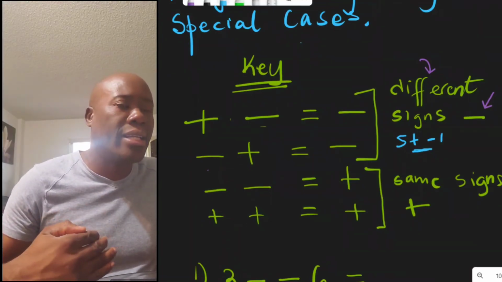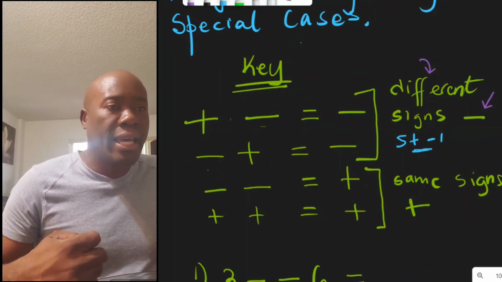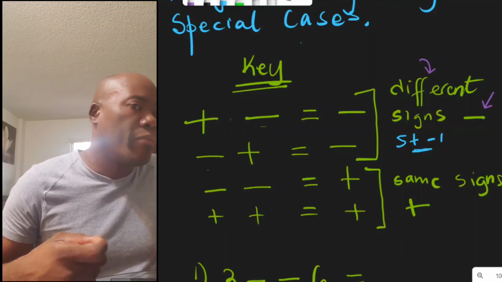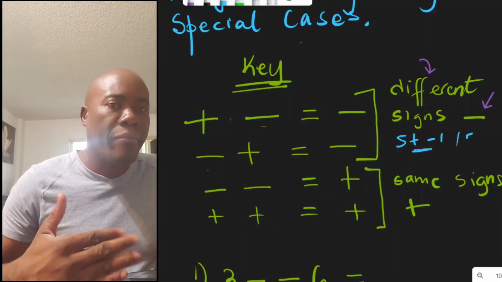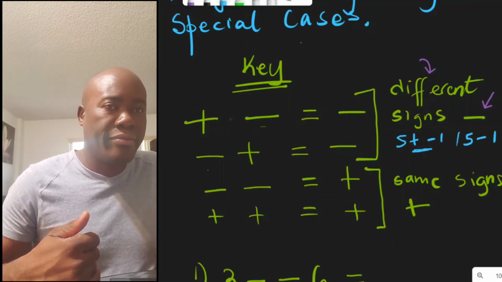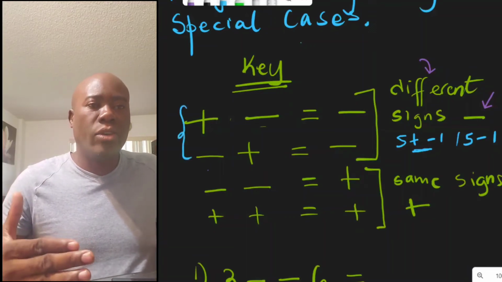If you see a negative and a positive, at the end of the day, the thing really will just be 5 minus 1, because the negative sign will win. So as long as we have a negative and a positive, we're going to end up with a negative sign overall.